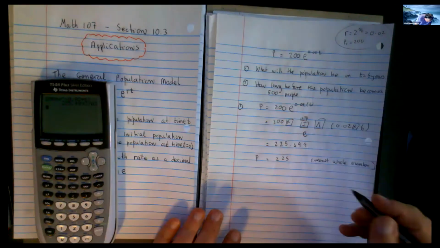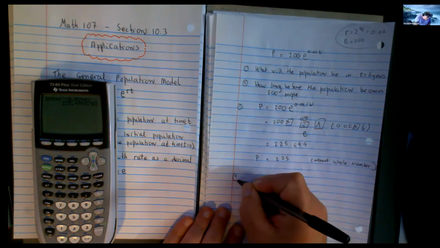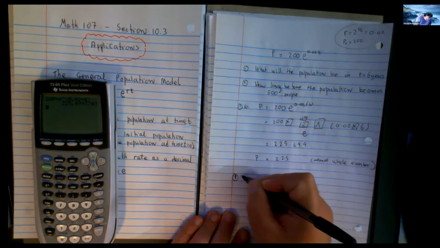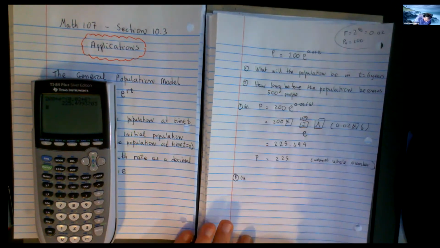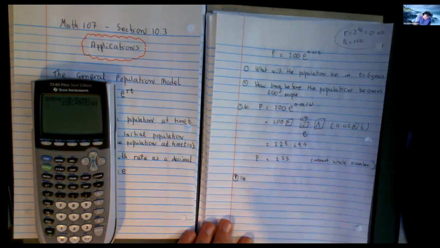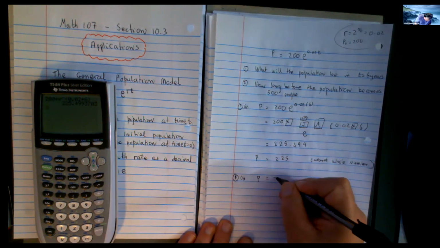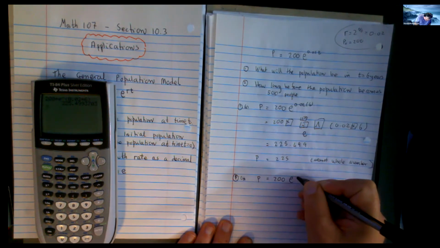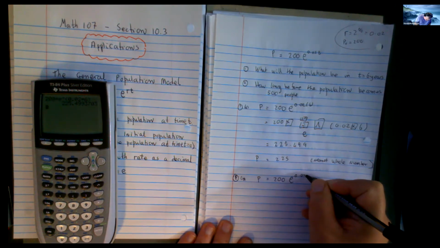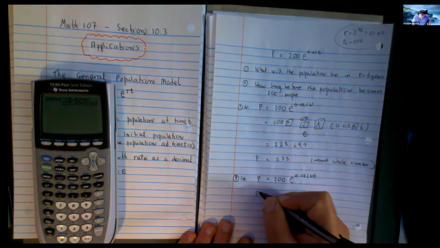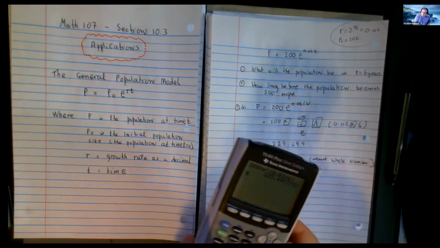Let's do another one of those. I'll call it 1 again. That can be called 1A then, and this is 1B. Let's suppose that the second version was how many people in 60 years? So the population is going to be 200 e to the 0.02 times 60. Would you expect, I think I would anyway, a lot more people?